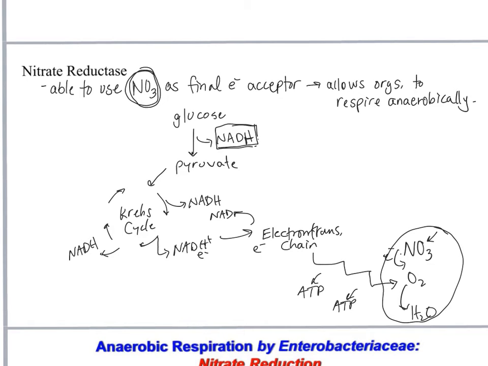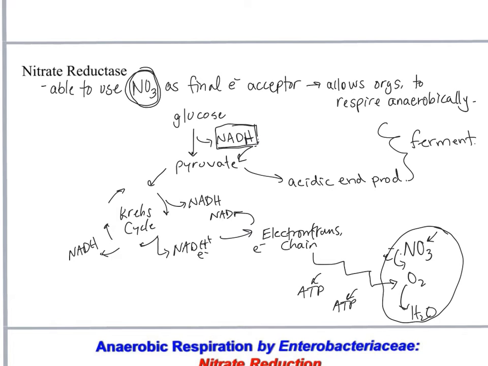Okay, so these NADHs basically get passed back to pyruvate, and then usually we get some kind of acidic end product. It could be lactic acid, for instance, and that's a process called fermentation.